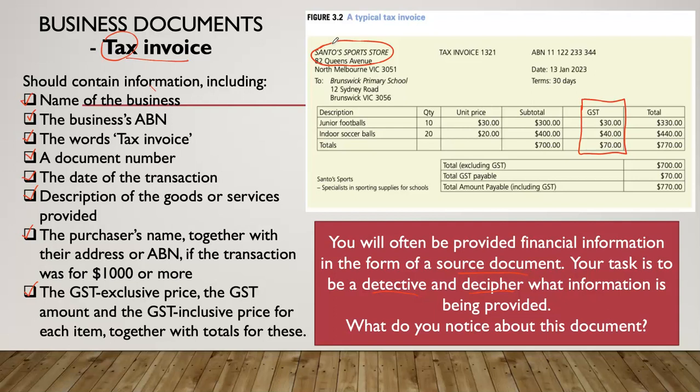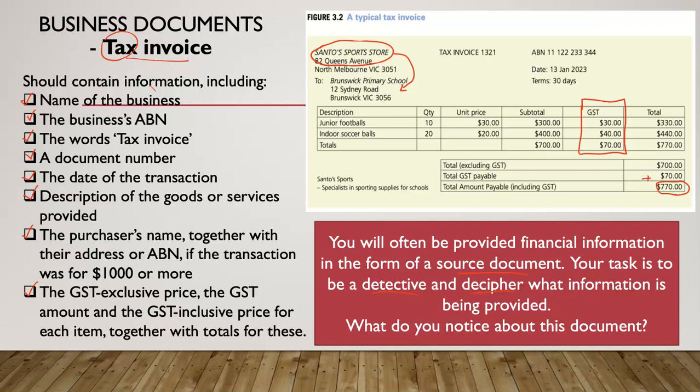So if we start to decipher this, Santos Sports Stores have made a sale to Brunswick Primary School, and they have sold $770 worth of goods, including GST, being $700 of goods plus $70 of GST.